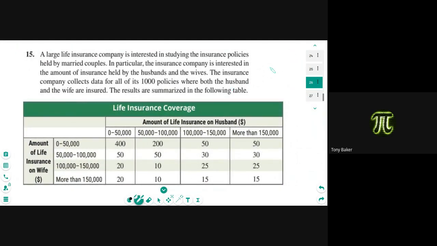And so how many policies did the husband have between 50 and 100,000? That's this one, right? That's all the ones for a husband between 50 and 100,000. So I have to add all those together. So 270. So it'd be 27%.